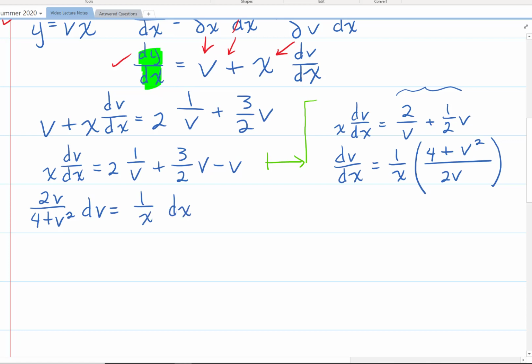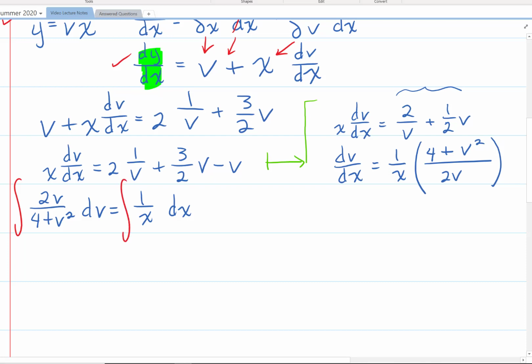We've successfully separated those things. And so now we can try to solve by integrating. We just integrate both sides.